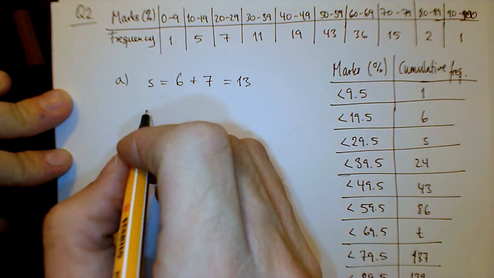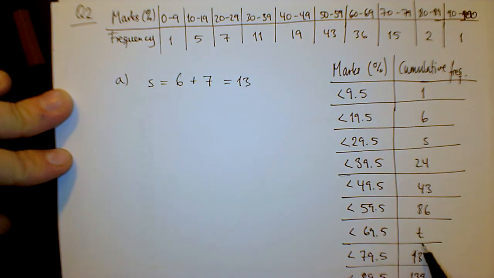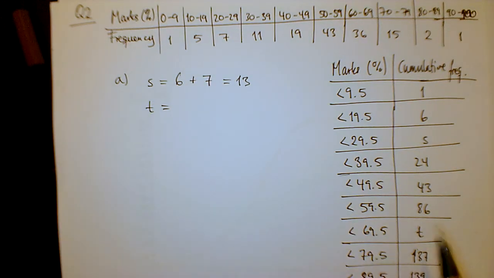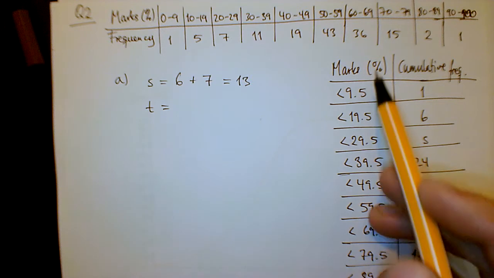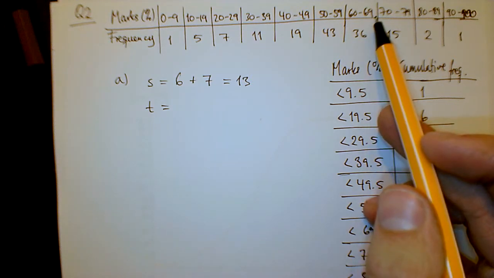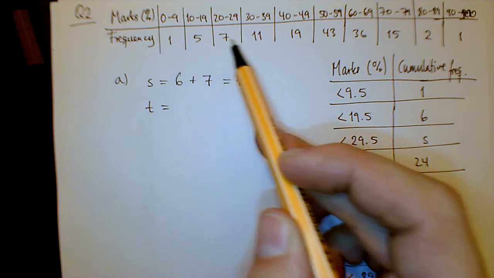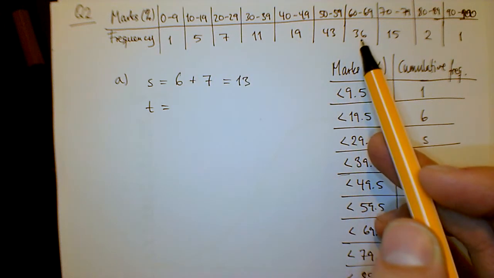Then we're supposed to find T. So that's the one over here. T is everyone from 69.5 and lower. So that's this boundary. We could just add up all these and that would give us the correct number.